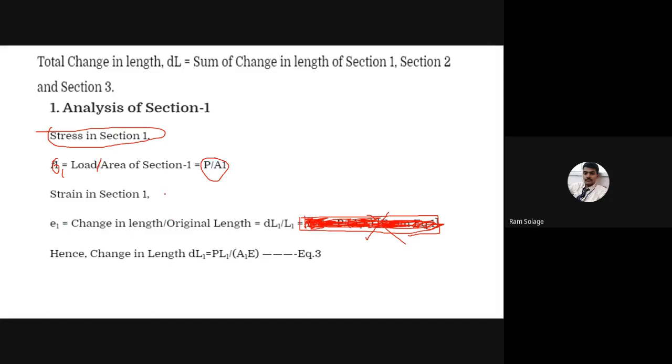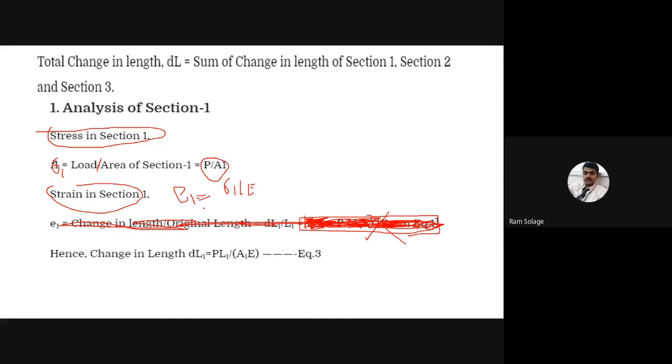Similarly, strain in section 1, that is epsilon 1 is equal to sigma 1 divided by E. Strain in section 1, epsilon 1 is equal to sigma 1 upon E. Don't write this formula.